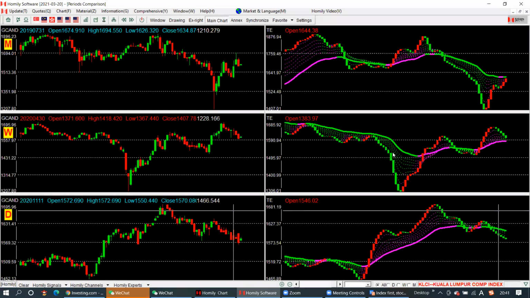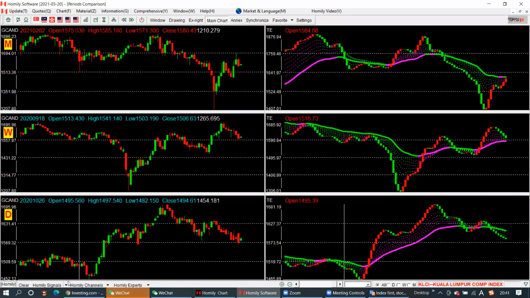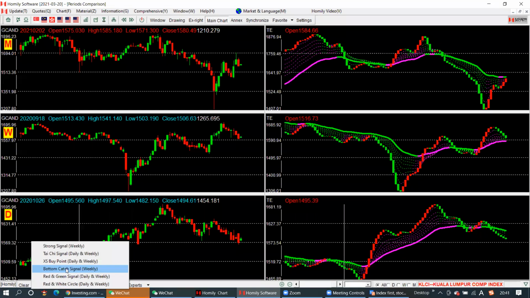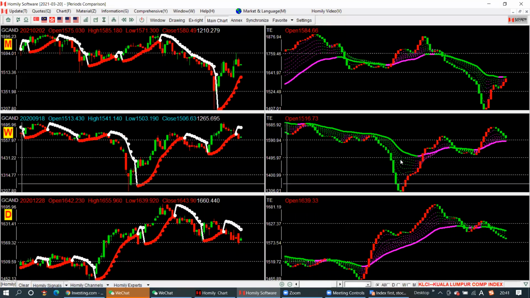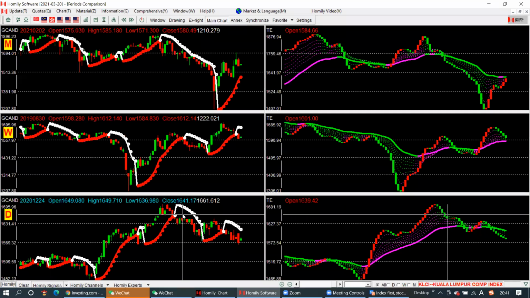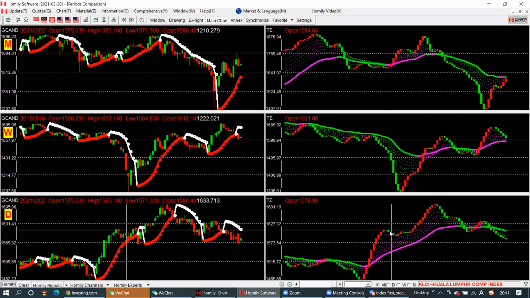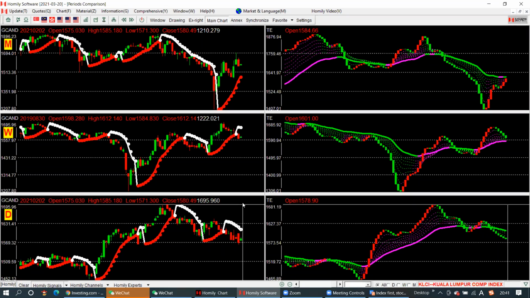A faster way is we can try to call out our Homily red and white circle. When you use the red and white circle, please don't use this TE. Of these two indicators, just choose one indicator to use.